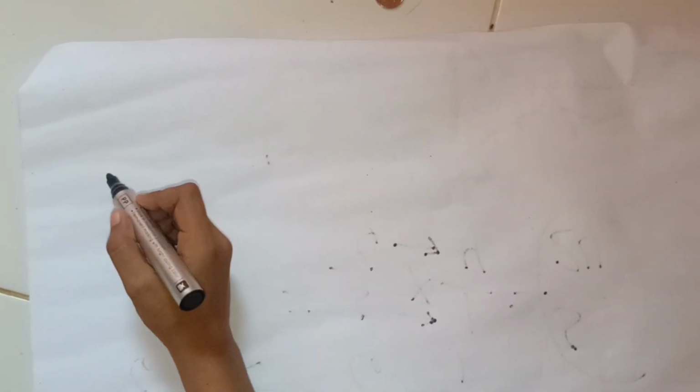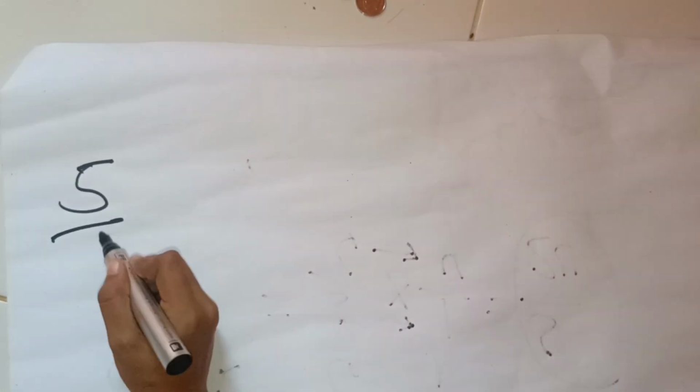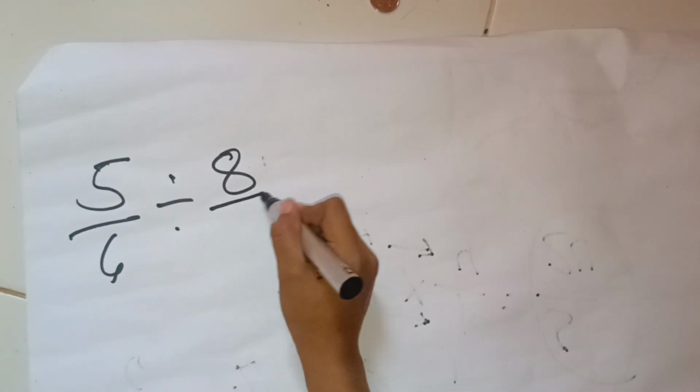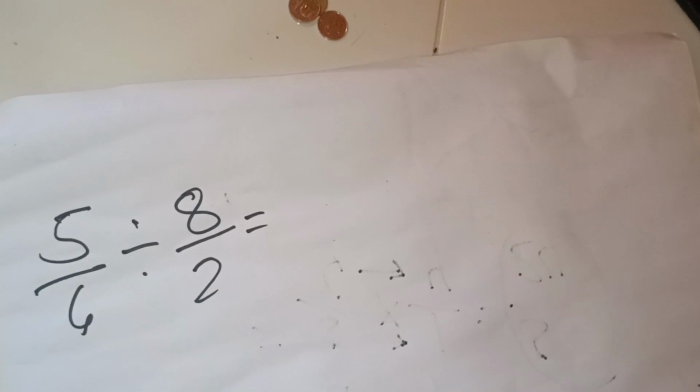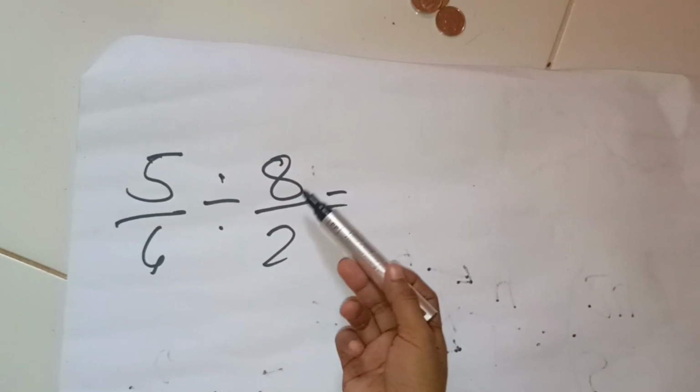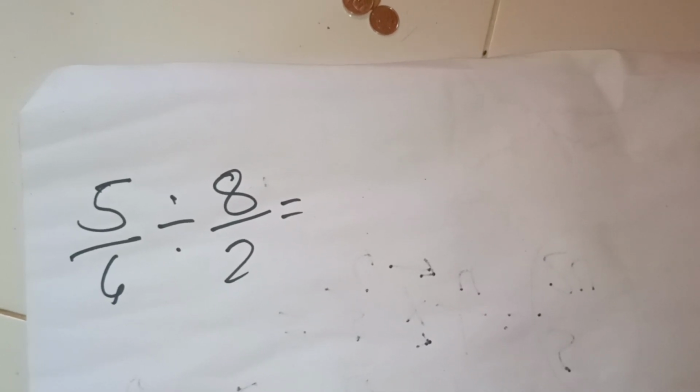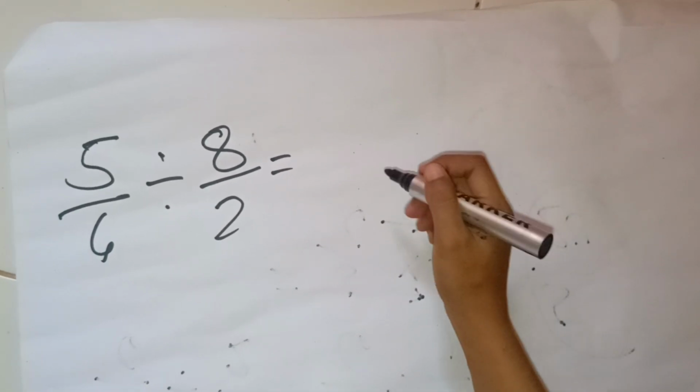In order for you to have more knowledge about this topic, I will give you more examples. So 5 over 6 divided by 8 over 2. Since our second fraction is divisible by 2, we need to divide it.